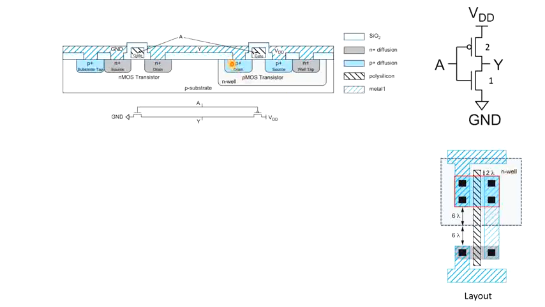Inside this N well, we have to create these P plus diffusions using these red blocks. For the N channel, we have these N plus diffusions. Then we have the polysilicon gate crossing from this P channel to the N channel, forming the P MOSFET here and the N MOSFET here. So the same polysilicon gate line has been used here.